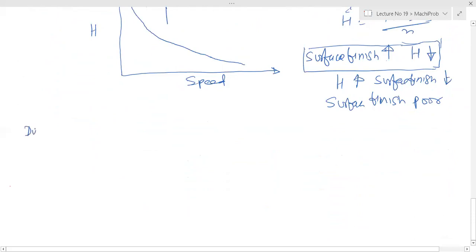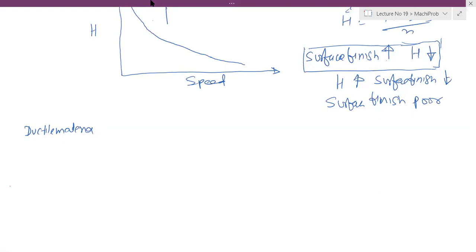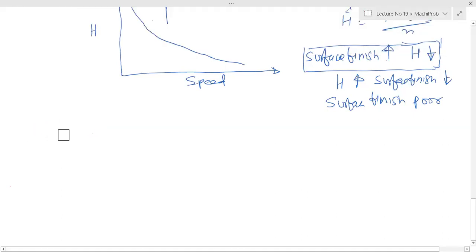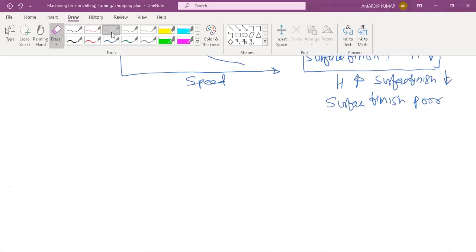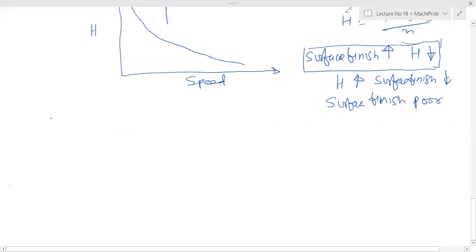So first I am writing here ductile material.